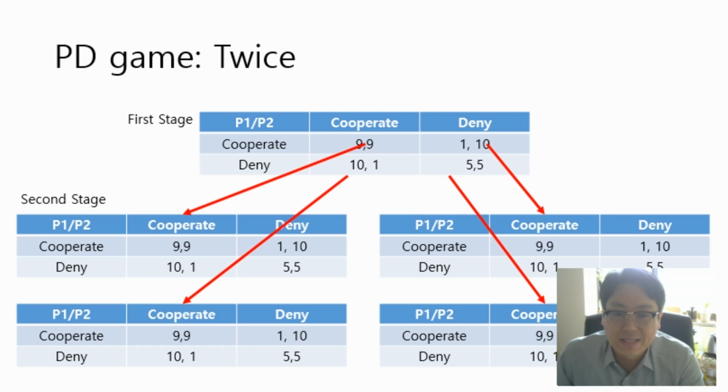However, regarding the second stage, there are 4 different contingencies depending on what outcome was chosen in the first stage. If we just focus on stages, it's like there is one schedule of continuing stages: maybe this is the first stage, this is the second stage. You may think like this.